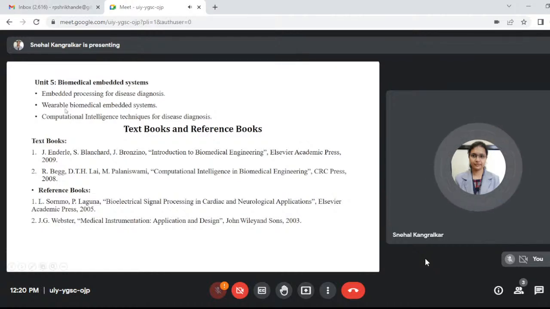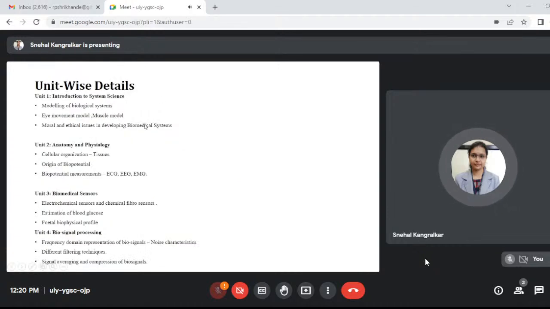These are the wearable devices, and a brief discussion will be in unit 5. Apart from the core used for a biomedical system, we also have computational or artificial intelligence techniques in unit 5, which we will be discussing. So units 1, 2, 3, 4, and 5 discuss different stages of biomedical systems.